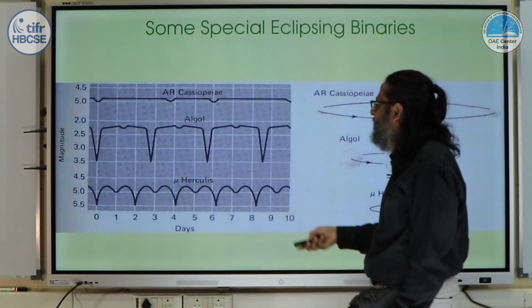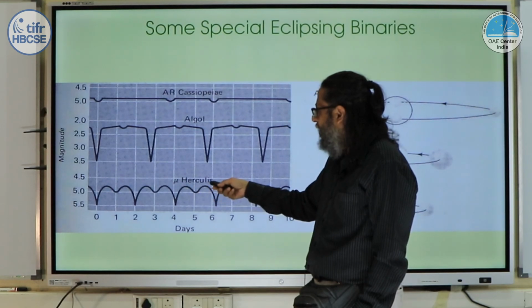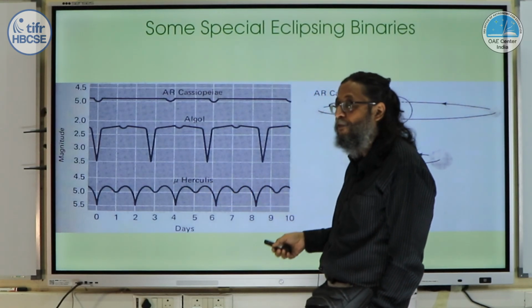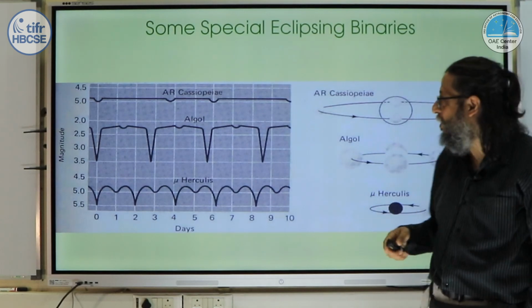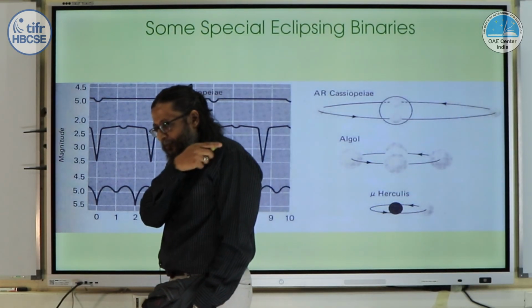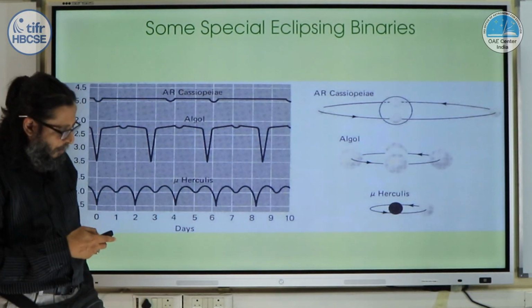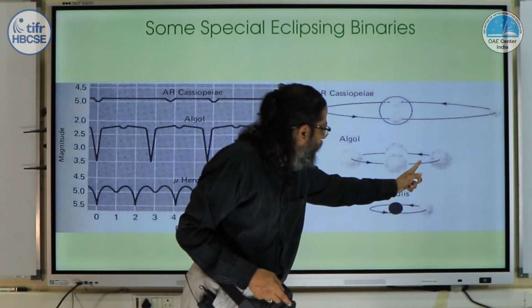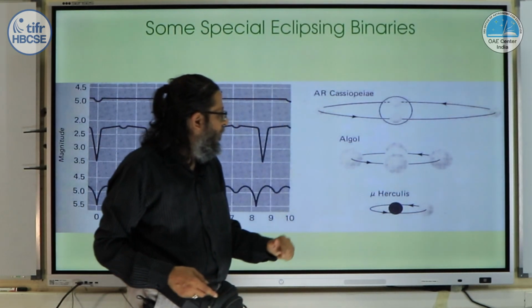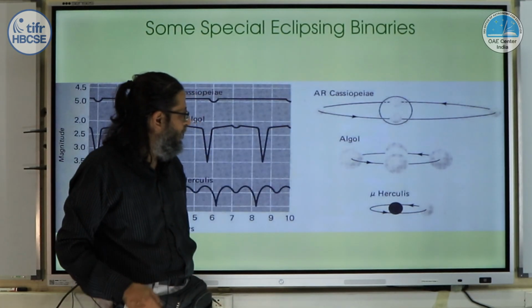Okay? This is mu Hercules. Here again you see there's a lot of deviation from the spherical shape of the two stars. Okay, so on the left again you have the schematic representation of the two stars in these three different systems.